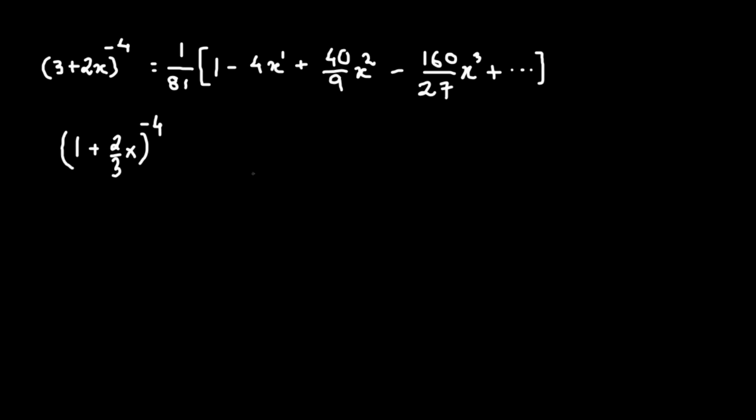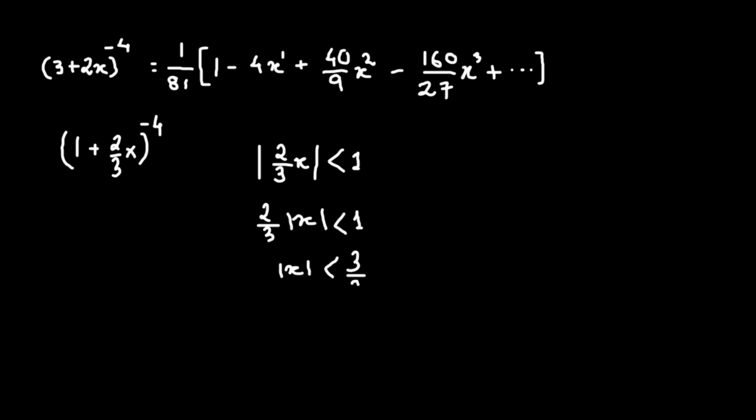From here, the condition tells us that the absolute value of (2/3)x must be less than 1. So we have 2/3 times the absolute value of x less than 1. Then we multiply both sides by 3 over 2, and that gives us the absolute value of x is less than 3 over 2.